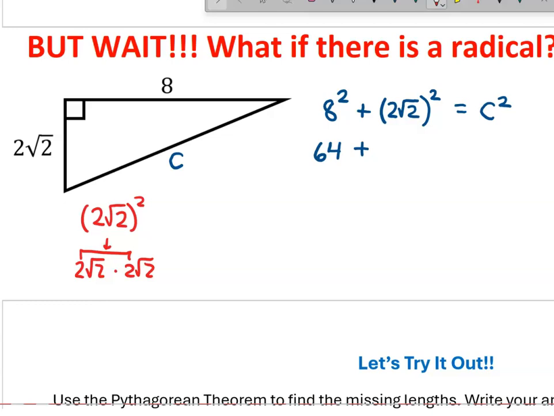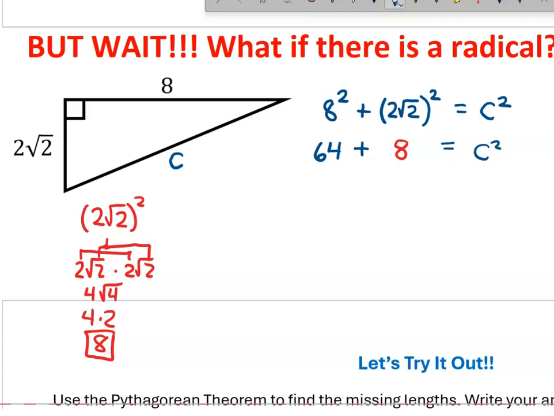You're going to multiply the 2's together to get 4. You're going to multiply the root 2's together to get root 4. So that's really 4 times 2, or just 8. I know I wrote that out a lot more than probably what a lot of you need to see, but I wanted to emphasize what is actually happening. You're squaring both the 2 and the root 2, and then multiplying their results together. So in this case, that's going to be an 8.